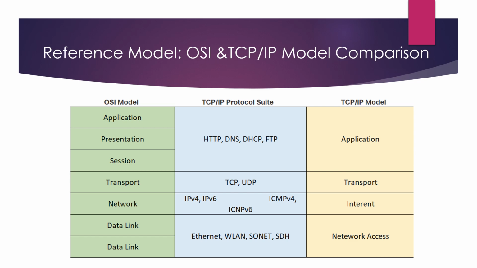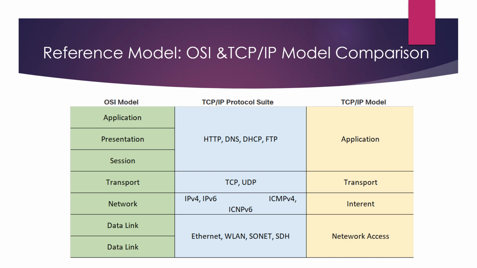OSI layer 4, the transport layer, maps directly to the TCP/IP transport layer, and this layer describes general services and functions that provide ordered and reliable delivery of data between source and destination host. The TCP/IP application layer includes several protocols that provide specific functionality to a variety of end user applications.